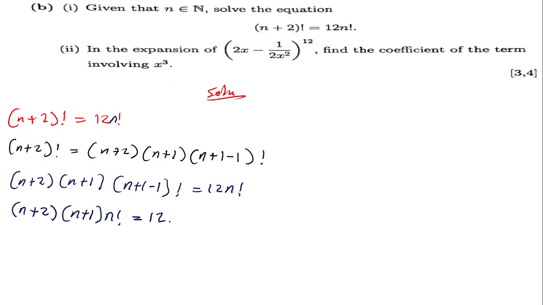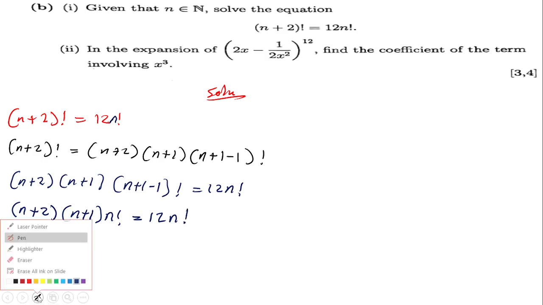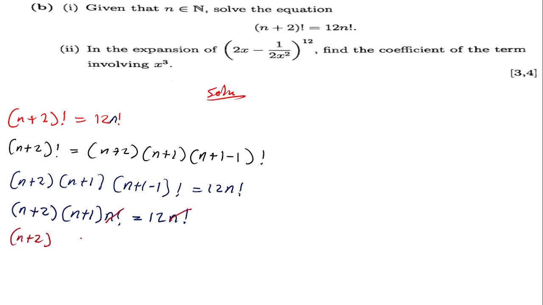After we have that, it's very easy to pick up: this and that will cancel. We now have (n+2)(n+1) equal to 12.